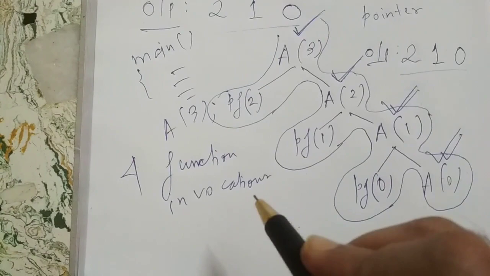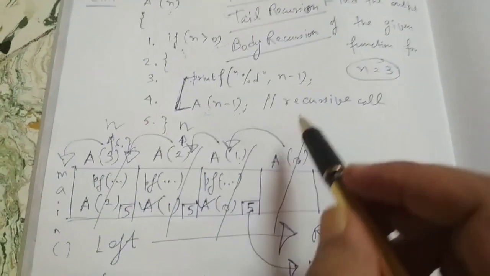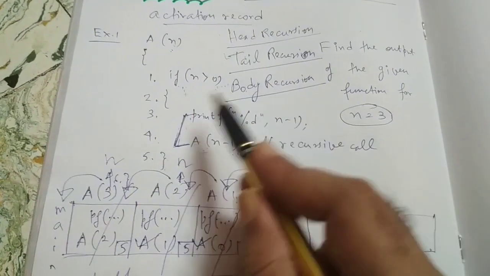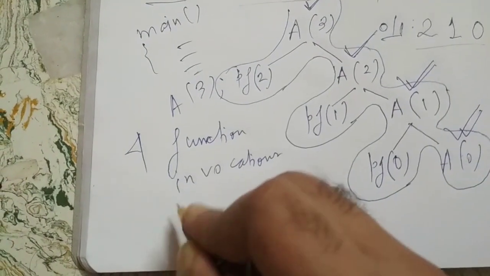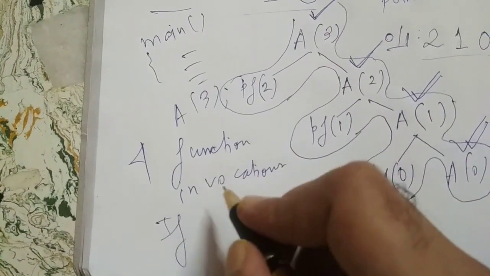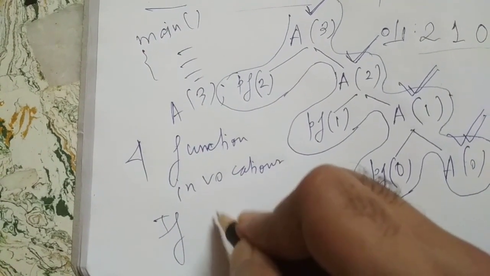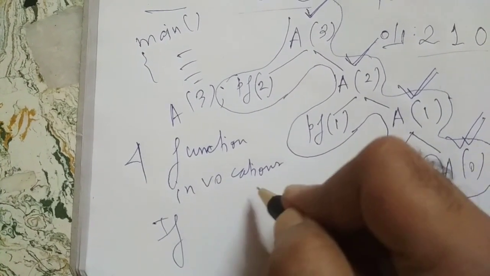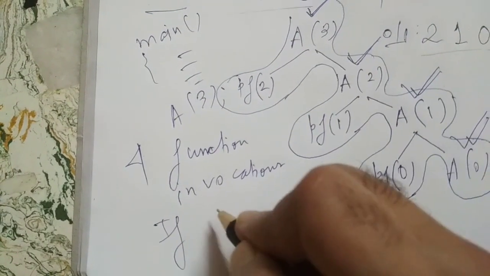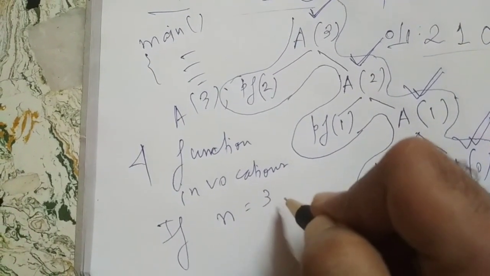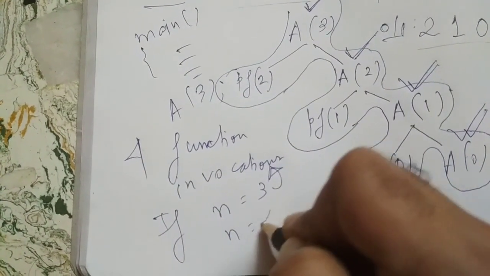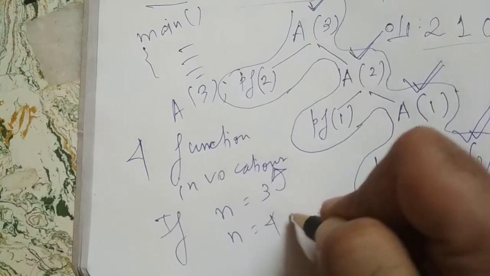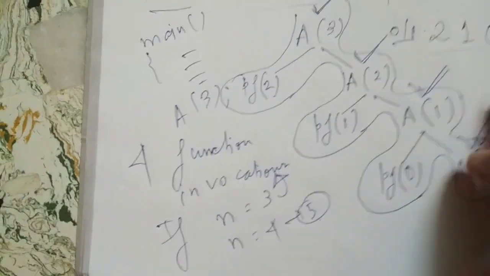Now from this we can conclude that for this recursive function, if n is equal to 3, I had to make 4 function invocations. If n is equal to 4, you can verify that we have to make 5 function invocations.